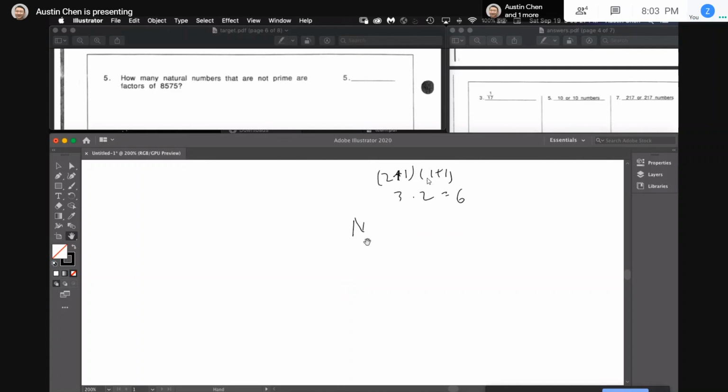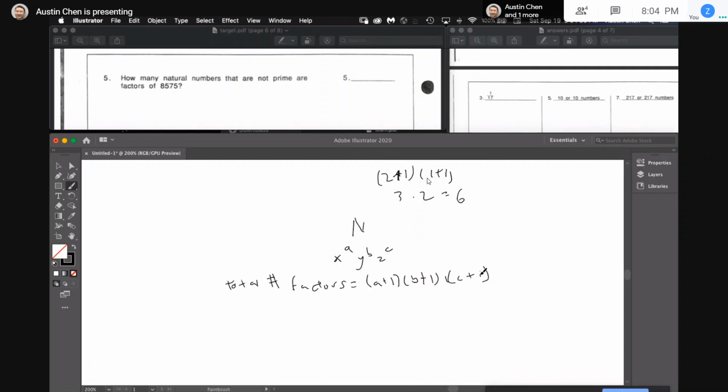Okay. So what the formula is saying: if we have a number n and then we prime factorize it, let's just say x to the a, y to the b, and z to the c, then the total number of factors is going to be a plus 1 times b plus 1 times c plus 1.